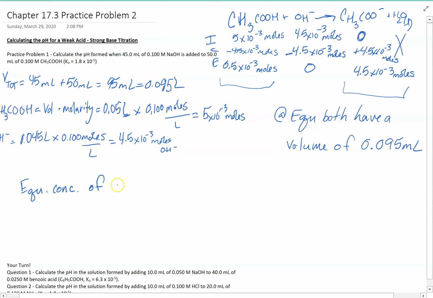our equilibrium concentrations are going to be the number of moles at equilibrium over the number of liters. This one is going to be the 4.5.